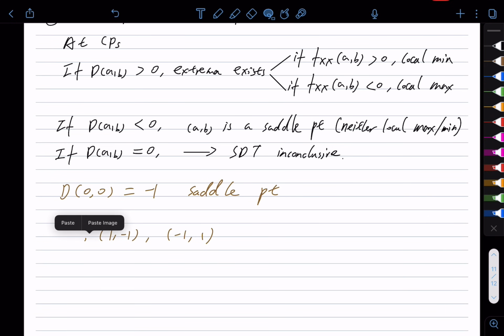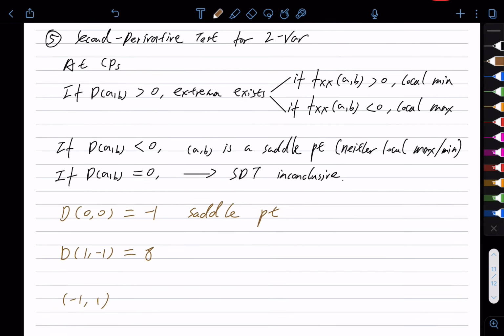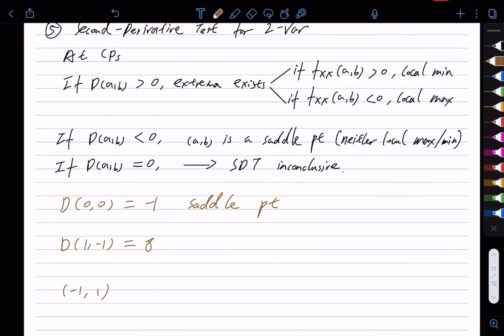And then we can evaluate the discriminant at (1, -1). This will give us 8. That means extrema exist, but we're not done yet. We need to continue to determine the sign of fxx.